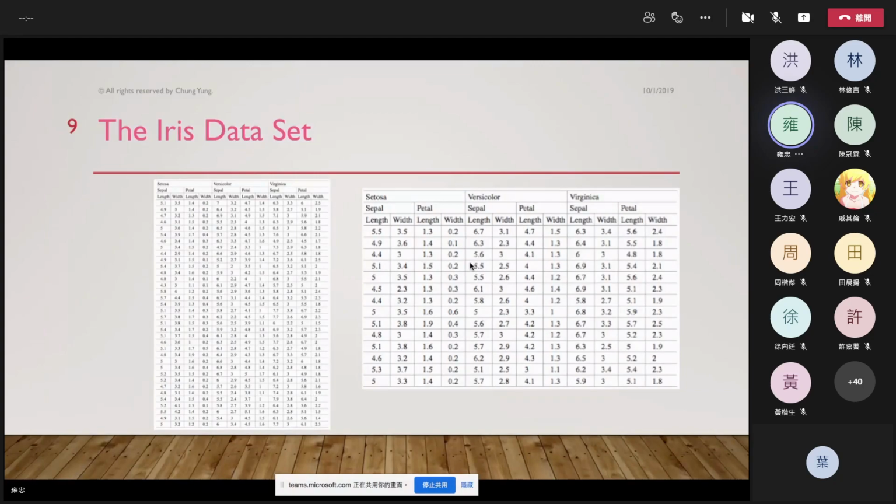I found one, 1.6. Everything in this column is between 0.1 to 0.4 and only 1.6 there. So it's a little bit far away. The difference to the other data is a little bit large. So this might be the error data.